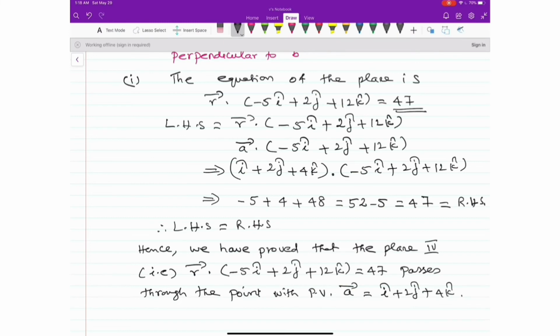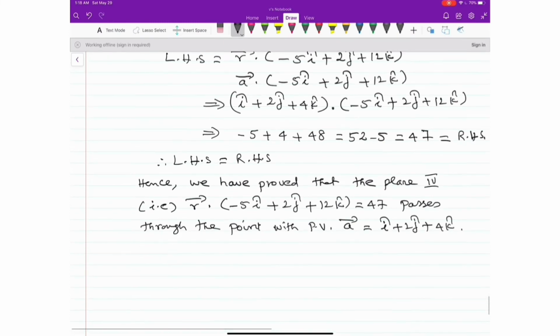That is the point on the line. So, the first part we have proved. Now the second part.